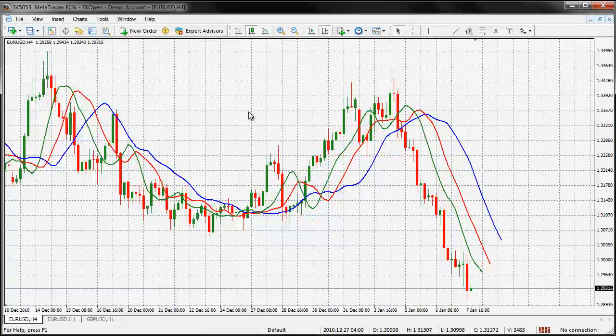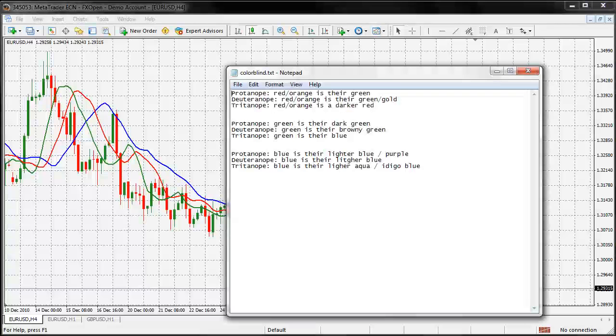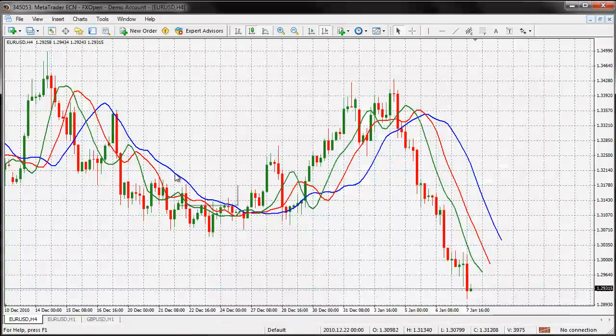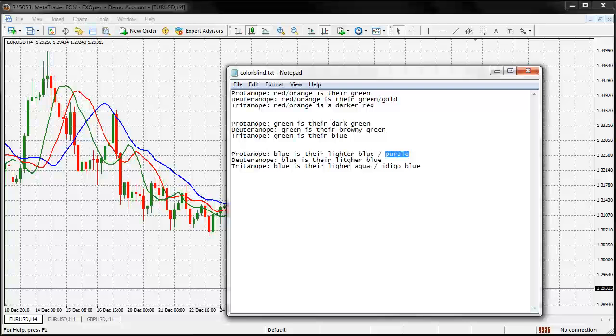Now I hope those of us that might be colorblind can actually see this. Let me just get my tool out, because blue comes out like a purple. This here is a blue color, so if you're colorblind this might come out purple. Red comes out green, so this is red here.